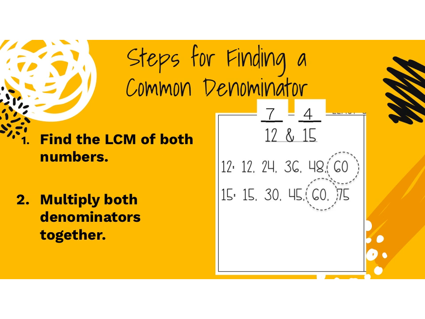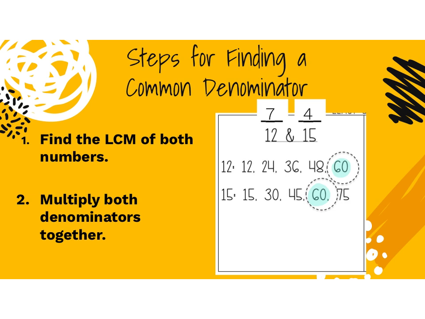Then we listed the first 5 multiples of 15. 15 times 1 is 15, times 2 is 30, times 3 is 45, times 4 is 60, times 5 is 75. We notice that 60 is a common multiple of both 12 and 15. So 60 could be our common denominator for both of these fractions.